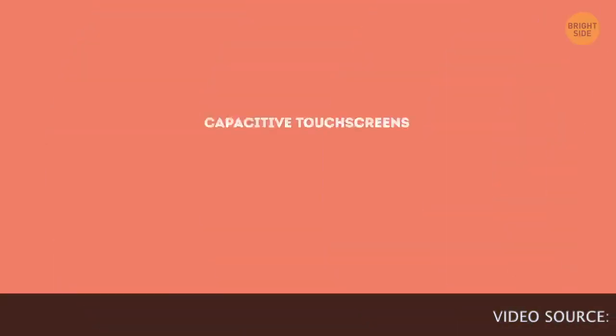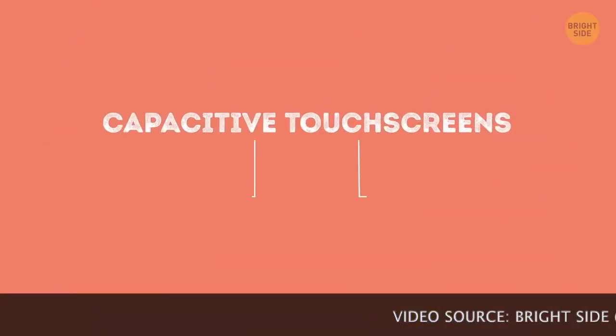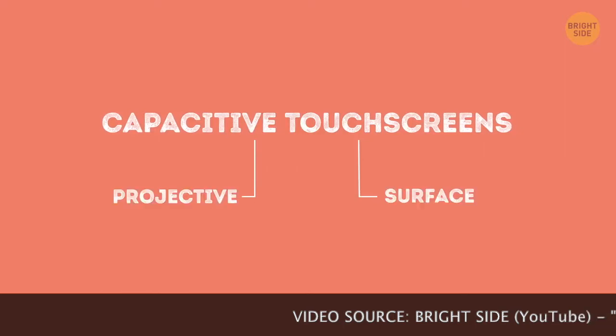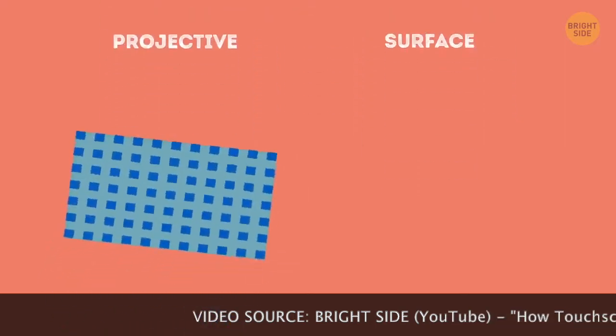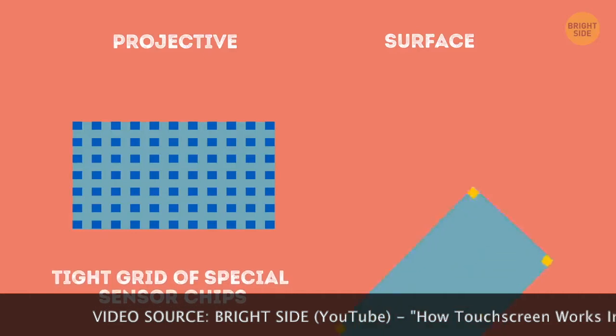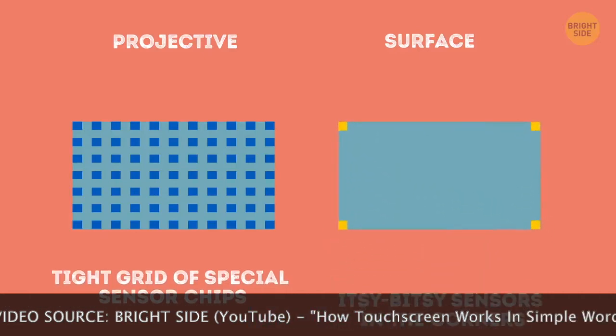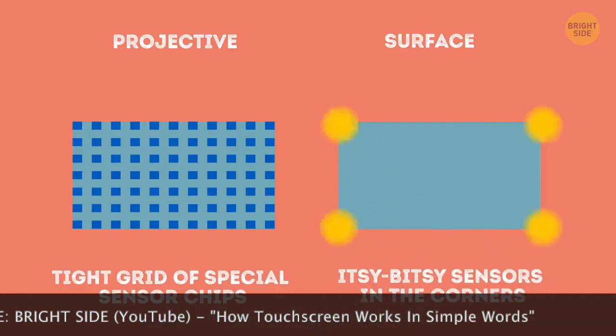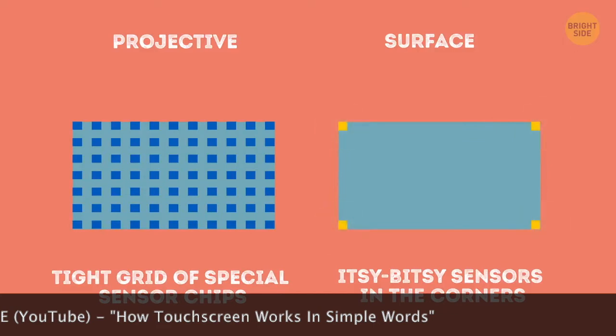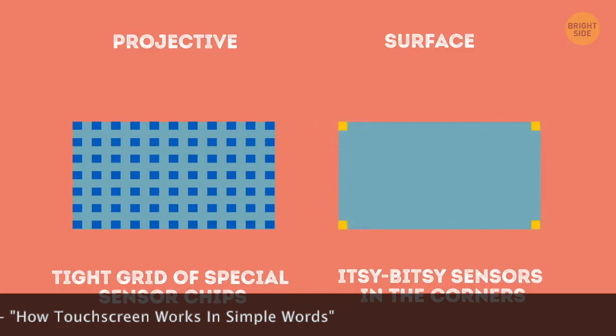The thing is, there are two different kinds of capacitive touchscreens: projective and surface. Projective displays use a tight grid of special sensor chips. As for surface displays, they use itsy-bitsy sensors in the corners as well as a paper-thin film evenly distributed over the screen.